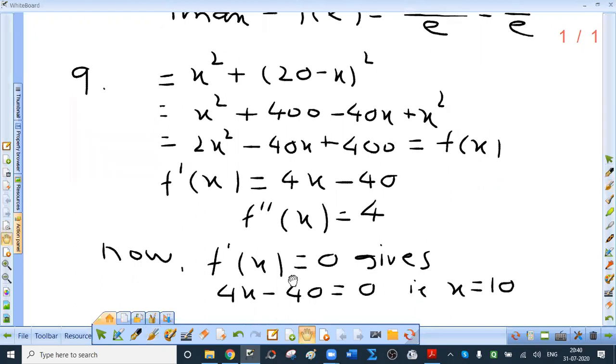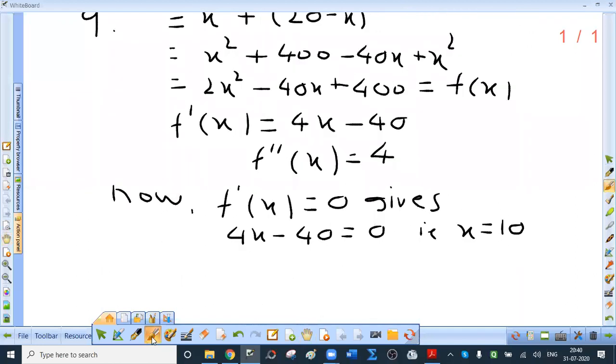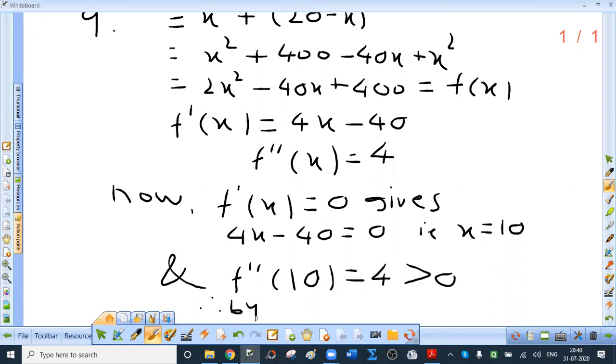And you have to say f double dash of 10, and f double dash of 10 is 4, which is greater than 0. Therefore, by second derivative test, the function has minimum, write down, the function has minimum, underline this word, minimum, at x equal to 10.